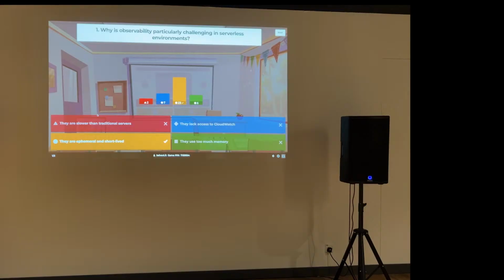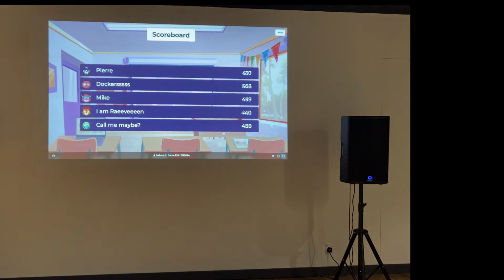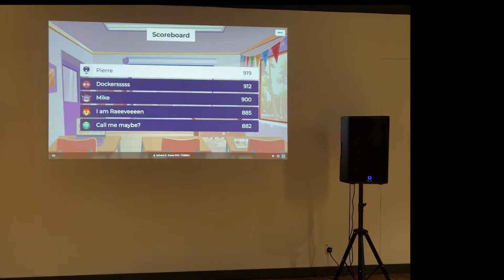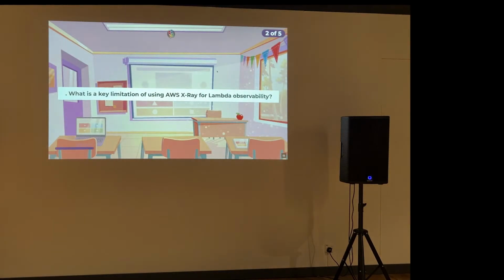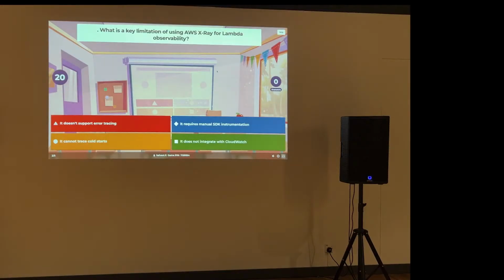So let's see who's number 1 for now. Next question. Question 2. What is the key limitation of using AWS X-Ray for Lambda observability? It doesn't support error tracing? It cannot trace cold starts?